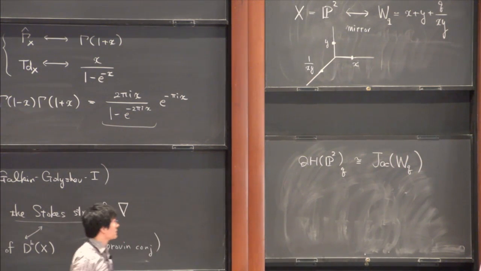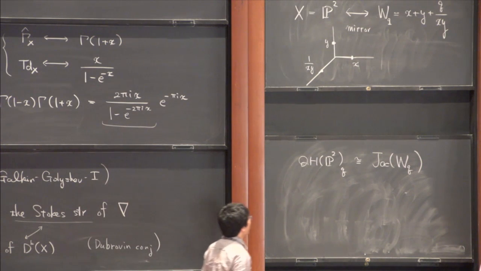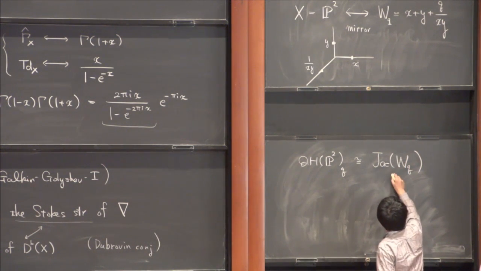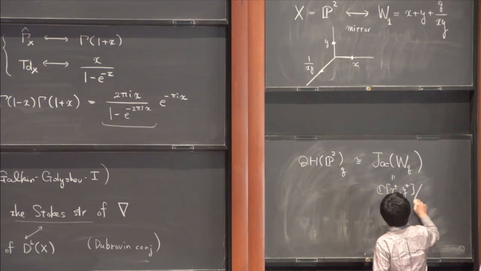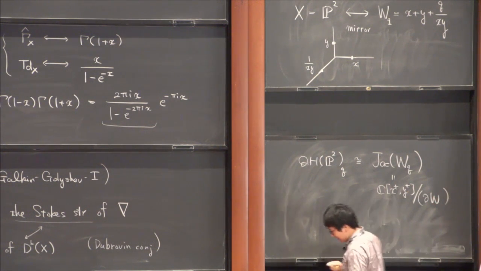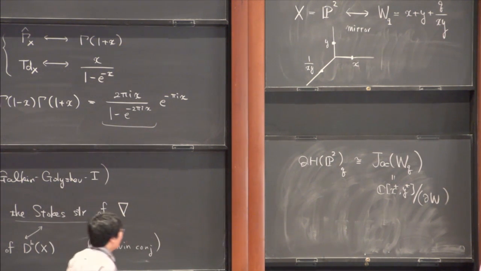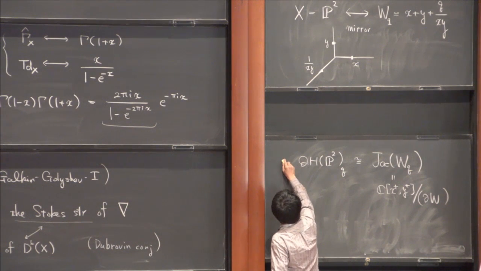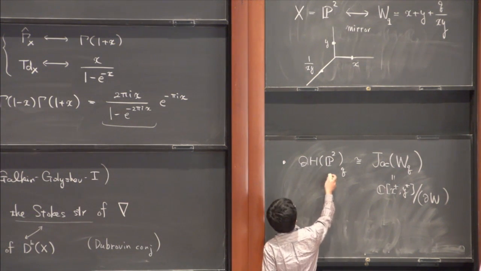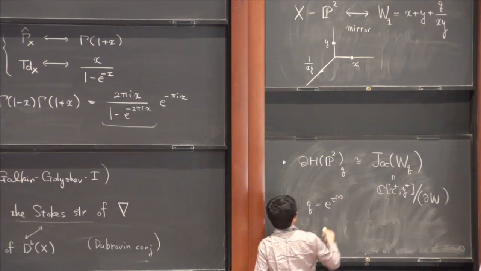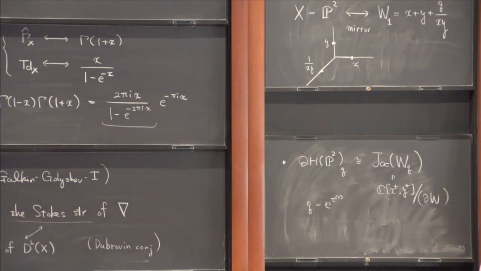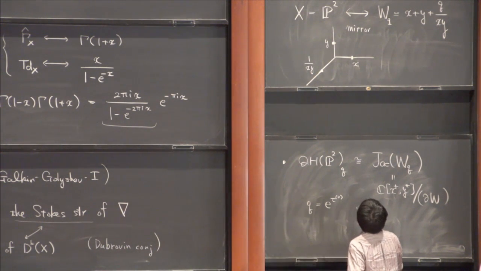The Jacobian ring is, in this case, just the quotient of this ring by the ideal generated by the derivatives of W. This is the first statement, where q corresponds to the exponential of tau second. This is the usual Novikov parameter or Kähler parameter appearing in quantum cohomology.